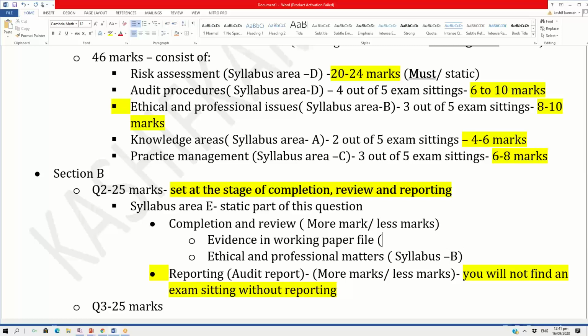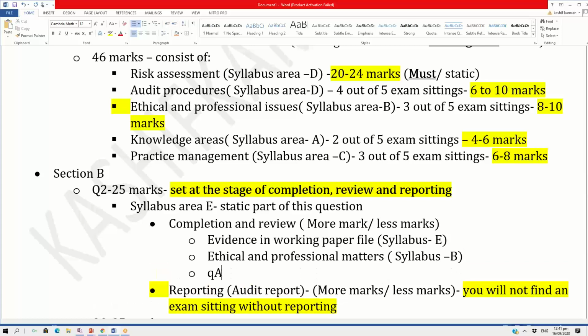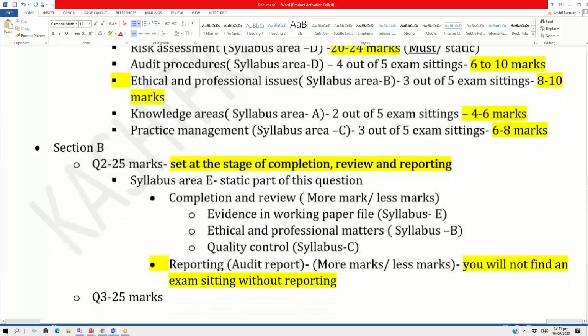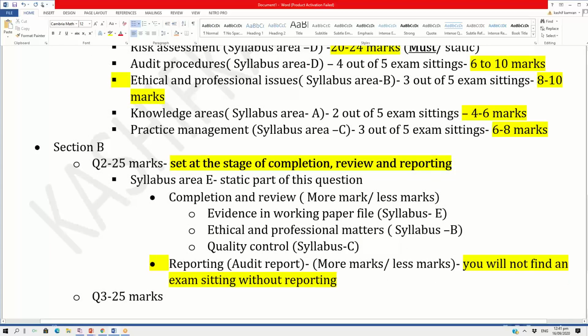Evidence in working paper file is the syllabus E itself. You might find a question on quality control even, which is again the syllabus area C, as part of completion and review. A lot of activities can connect with completion and review, like the syllabus areas B and C.